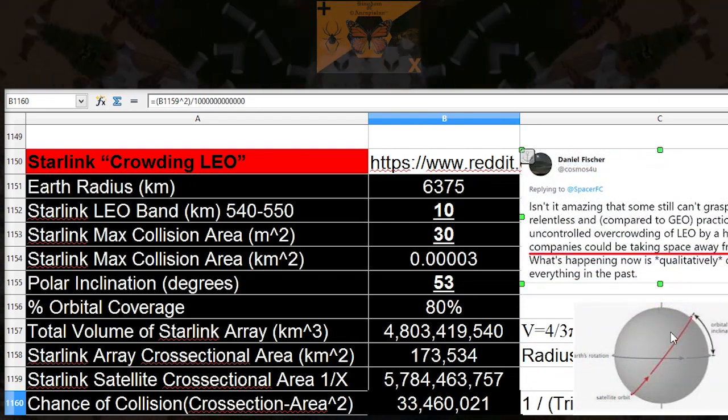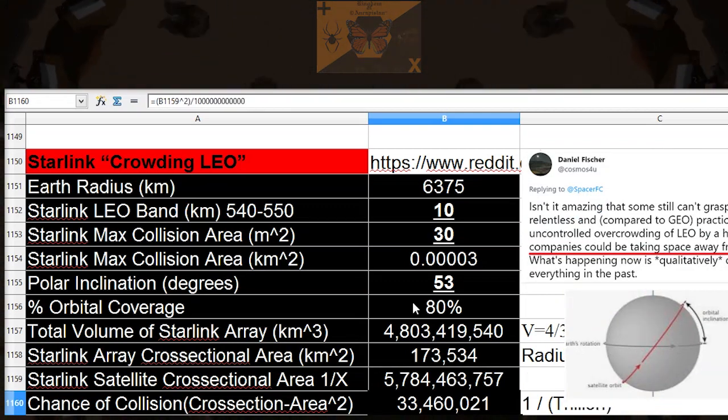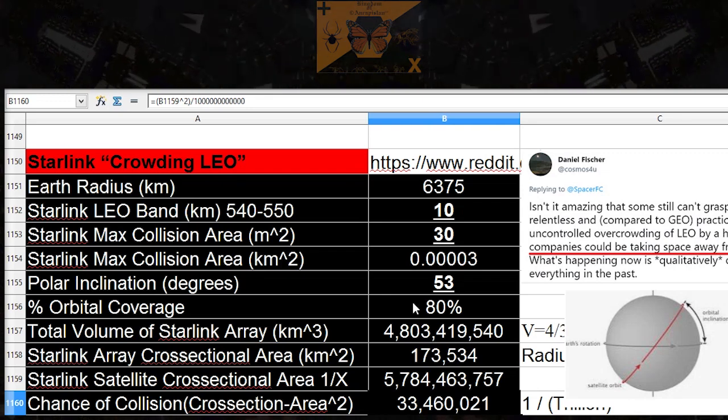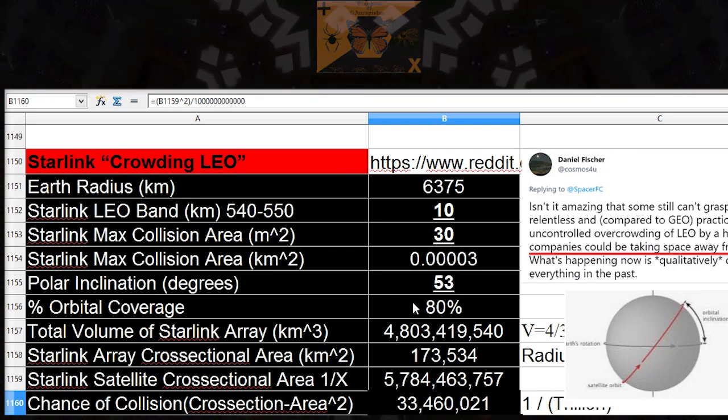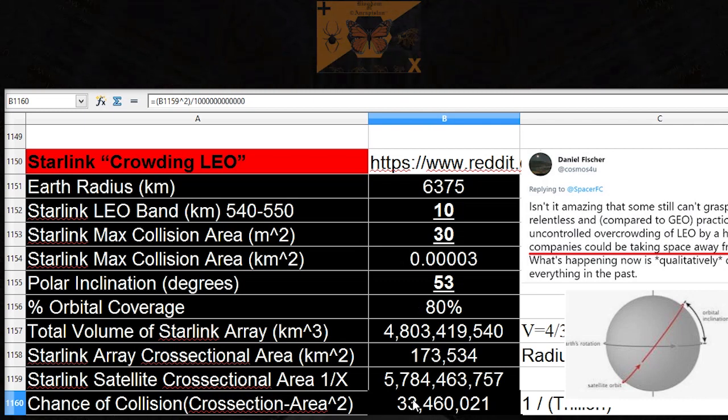So profoundly small. I thought it was going to be like 1 in 10,000 but it turns out to be much, much higher than I anticipated.